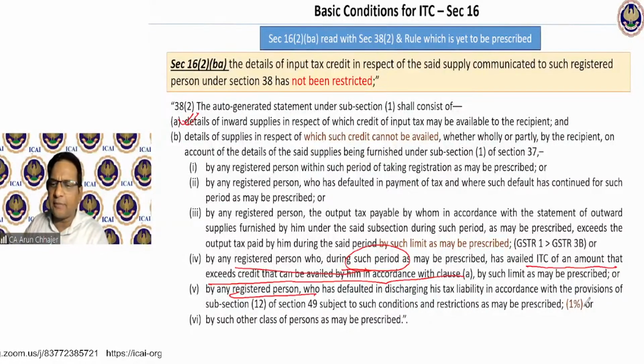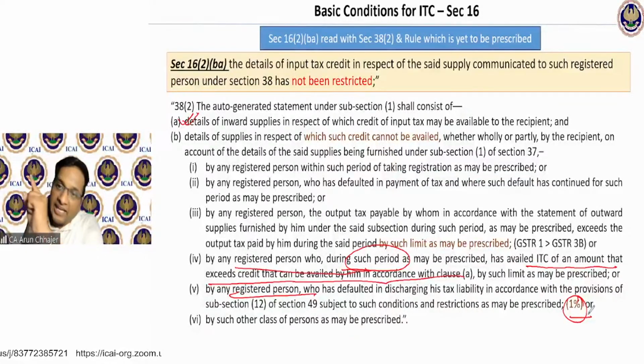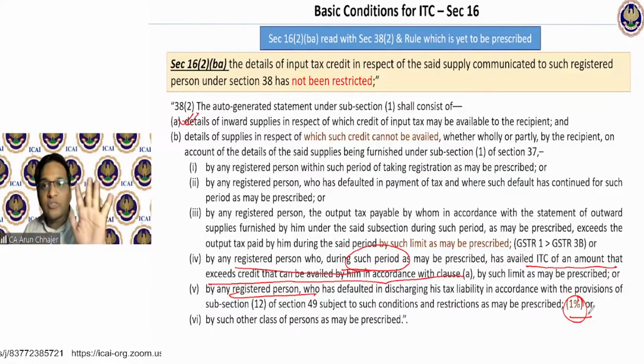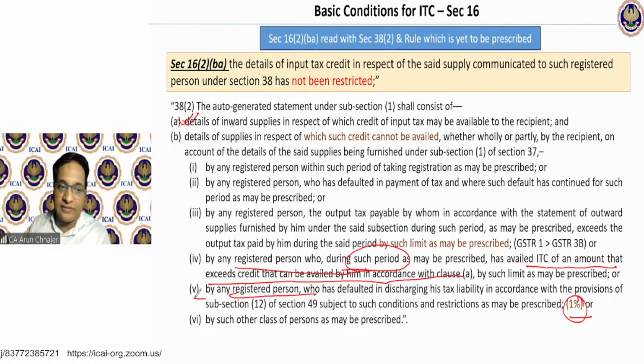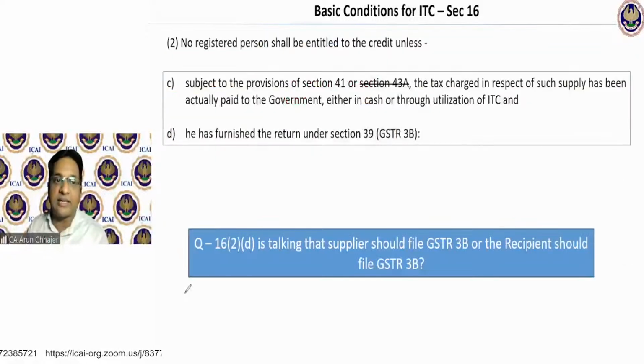By any registered person 1%: there is a provision, Rule 86B, which says that maximum 99% of ITC can be used. 1% of the tax liability has to be paid in cash. We can't use ITC. So if a registered person has defaulted in that 1%, then also you cannot take the ITC, or by such other class of persons as may be prescribed. So we have to wait, but this is the condition.